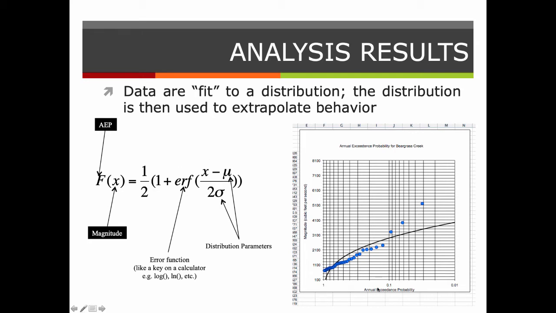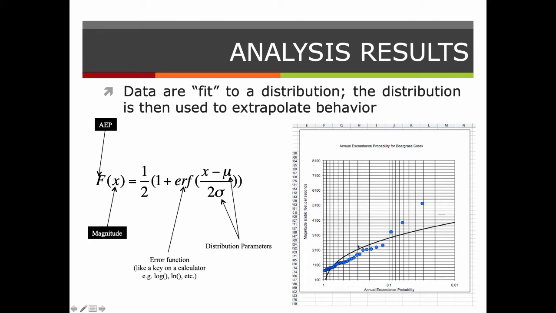So for a given magnitude, we can recover an x, although that's not usually how it's done if you're doing it by hand, or for a given magnitude, we can recover a probability. So we use the blue dots to fit the black curve, and then we make our probabilistic inferences based on the black curve.